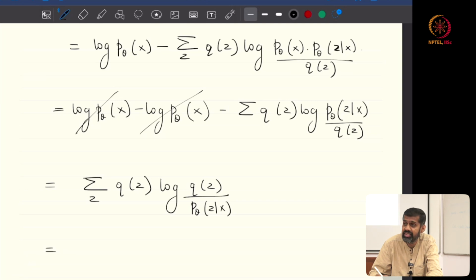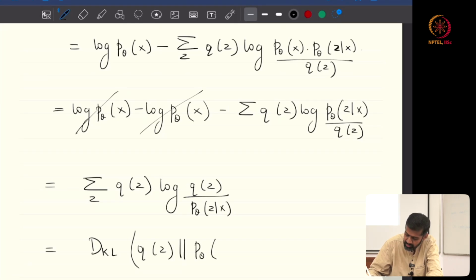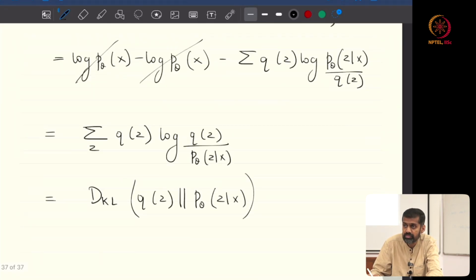What is this term? Do you recognize this? This is the KL divergence between Q and P theta of z given x. So what was our LHS? The LHS is the difference between the likelihood and the lower bound, correct?